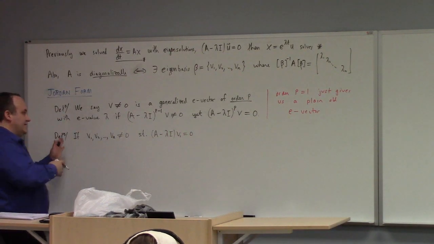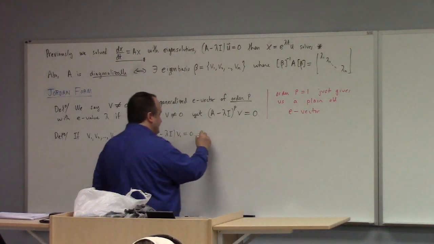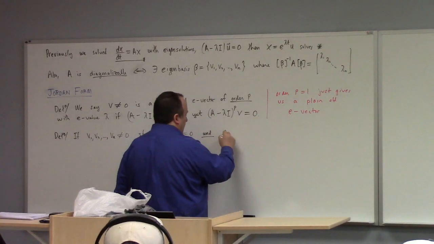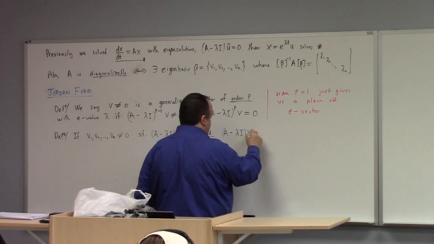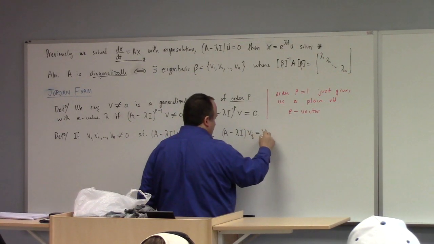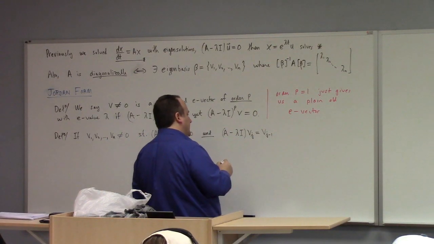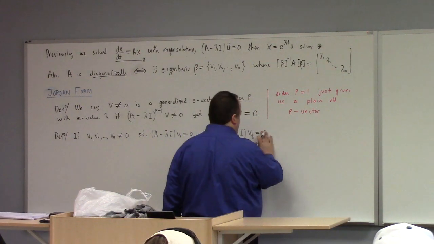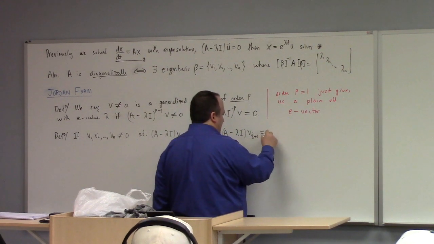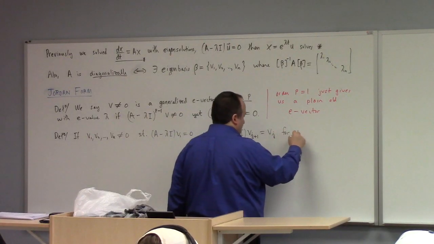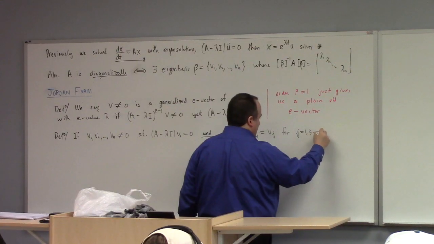In other words, the first vector is a plain old eigenvector, and (A - λI) acting on v(j+1) is equal to vj, for j equals 1 all the way up to k minus 1.